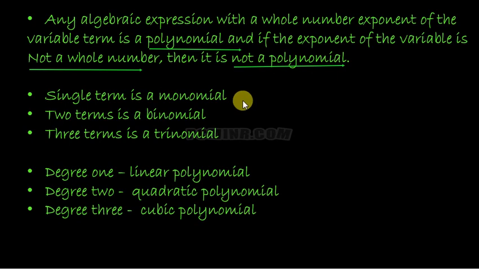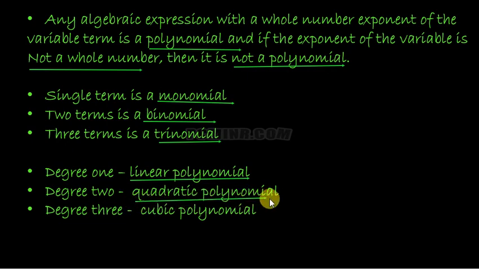If you have a single term in a polynomial, it's known as a monomial. If you have two terms, it's a binomial. If you have three terms, it's a trinomial. And based on the degree, if the highest degree of the variable is 1, it's a linear polynomial. If you have highest degree as 2, it's a quadratic polynomial. And if you have the highest degree as 3, it's a cubic polynomial.